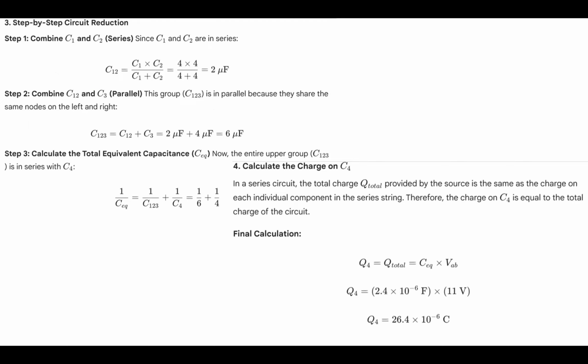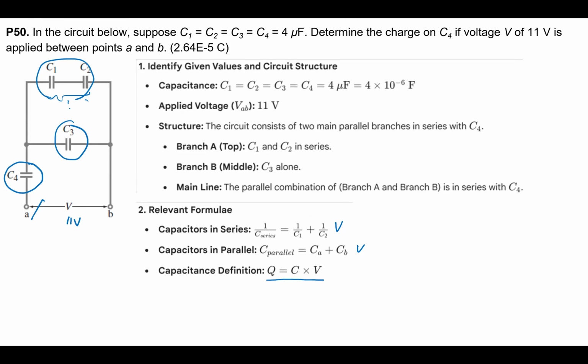So combining C1 and C2 in series gives C12, and the combination of C12 and C3 is parallel. This is C12. So C12 and C3 are parallel. And then as a result, C123 and C4 are in series.